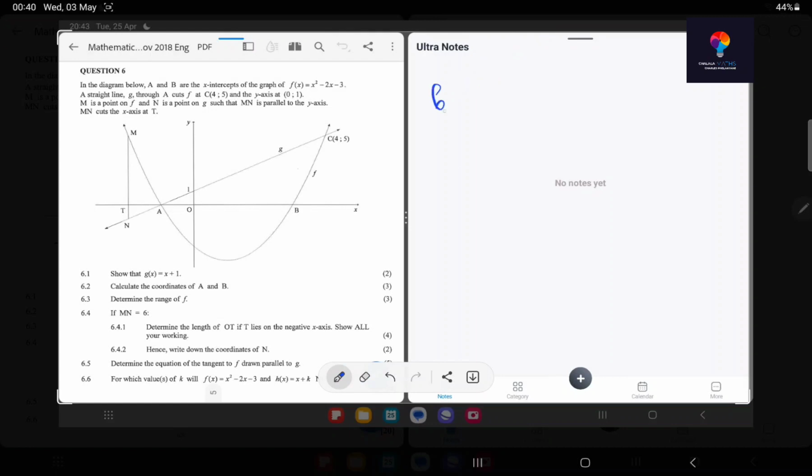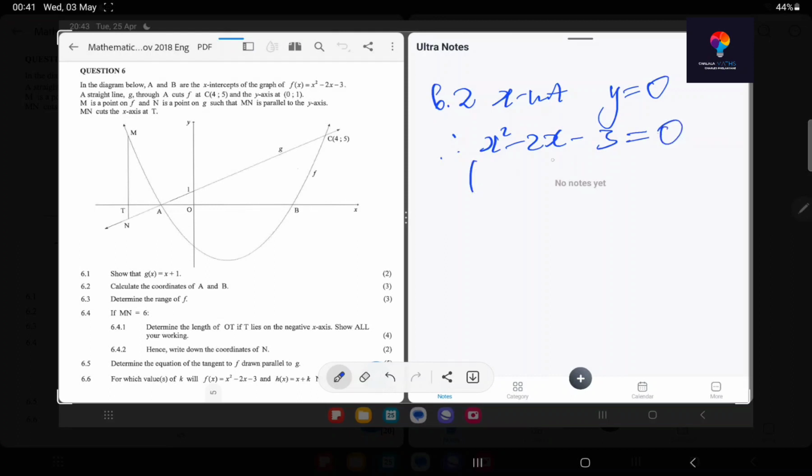In 6.2, we have to calculate the coordinates. As the question has said that A and B are the x-intercepts, for x-intercept we know that y is equal to 0. Therefore, to get the coordinates, we should say x squared minus 2x minus 3 is equal to 0.